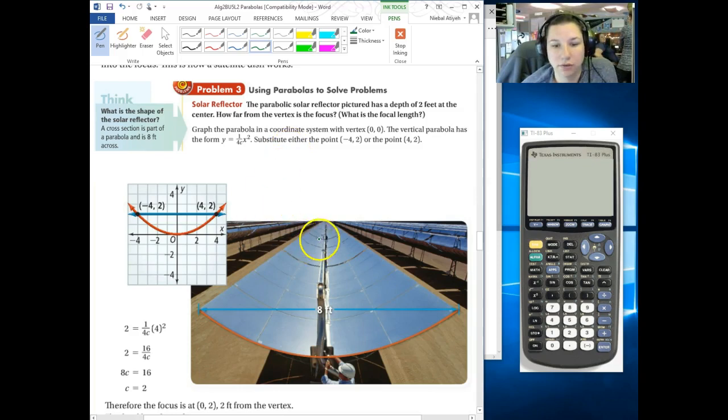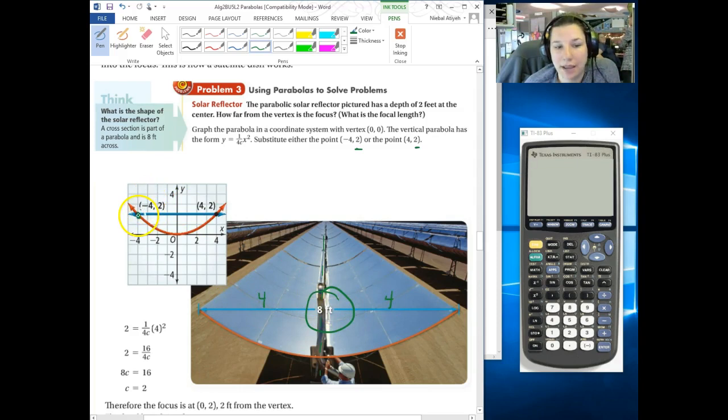It's got an axis of symmetry down the middle. If it's at a depth of 2 feet, that is what they're using for the y's. And then they want you to take this 8 feet from the picture. So if this is 8 feet, then this is a length of 4 on either side.